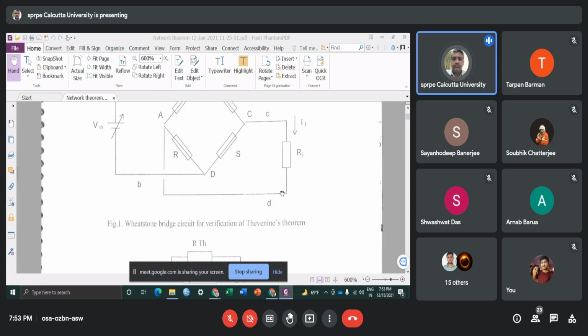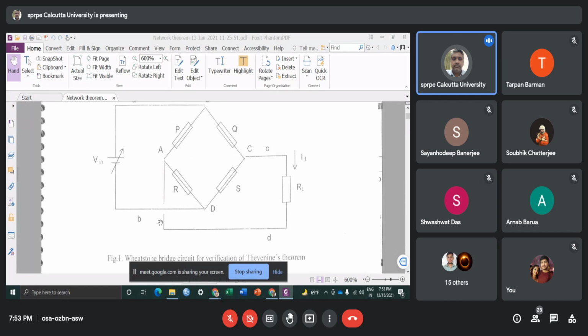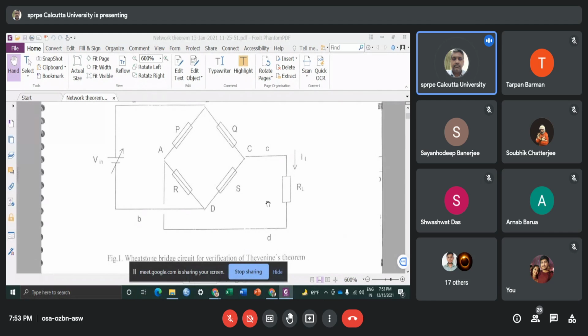Okay, where this VTH is the equivalent voltage source across these load terminals. So this VTH is the equivalent Thevenin voltage, or the equivalent voltage that appears across the load terminal.